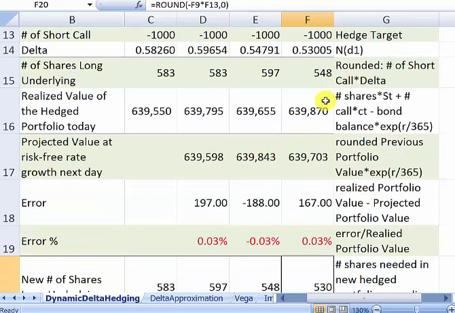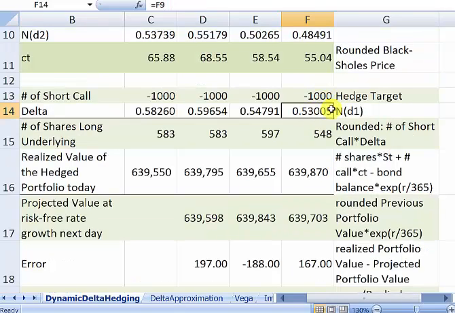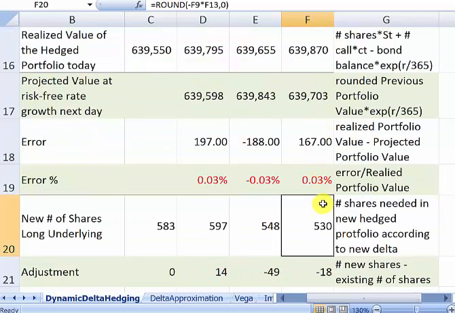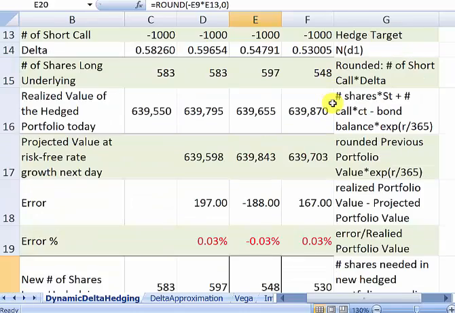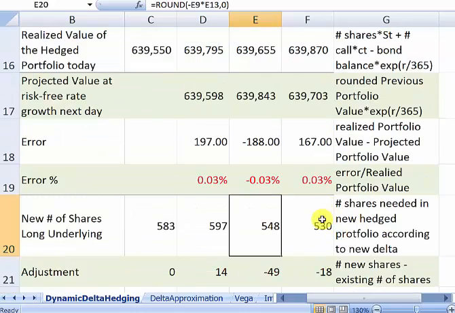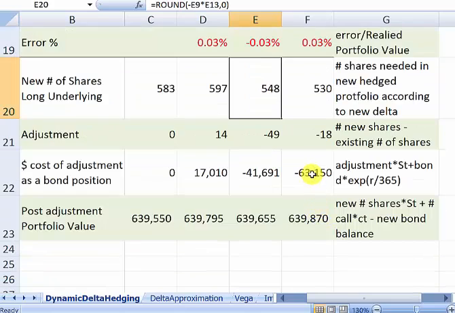And then obviously the delta has changed to 5.53. So we basically need to only have 530 shares for the 1,000 shares of written call. That means, well, we need to sell another 18 shares. 530 minus 548, yes, right? 530 minus 548.